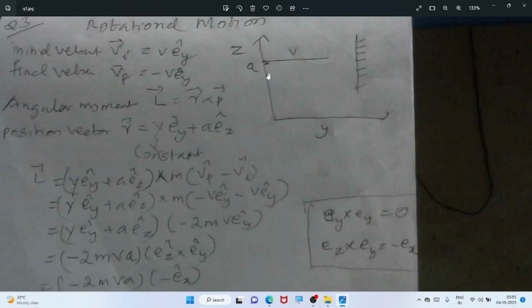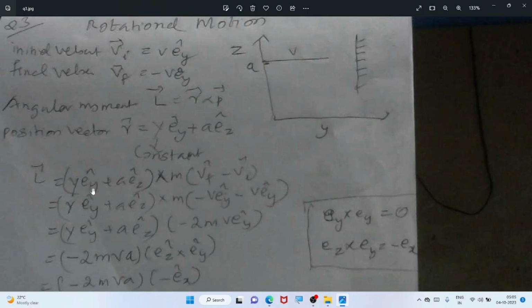This position vector is represented by both y and z dimensions, a z and some constant into this y position vector.